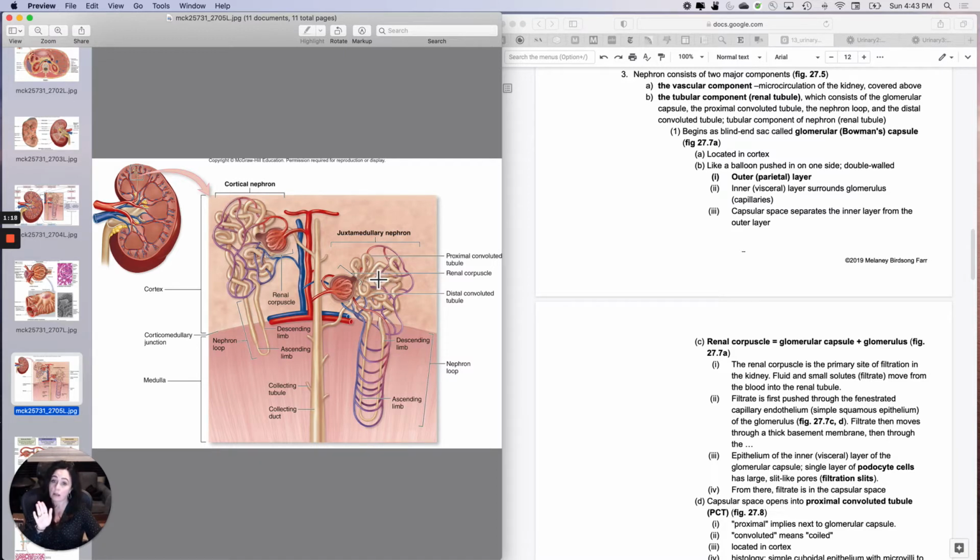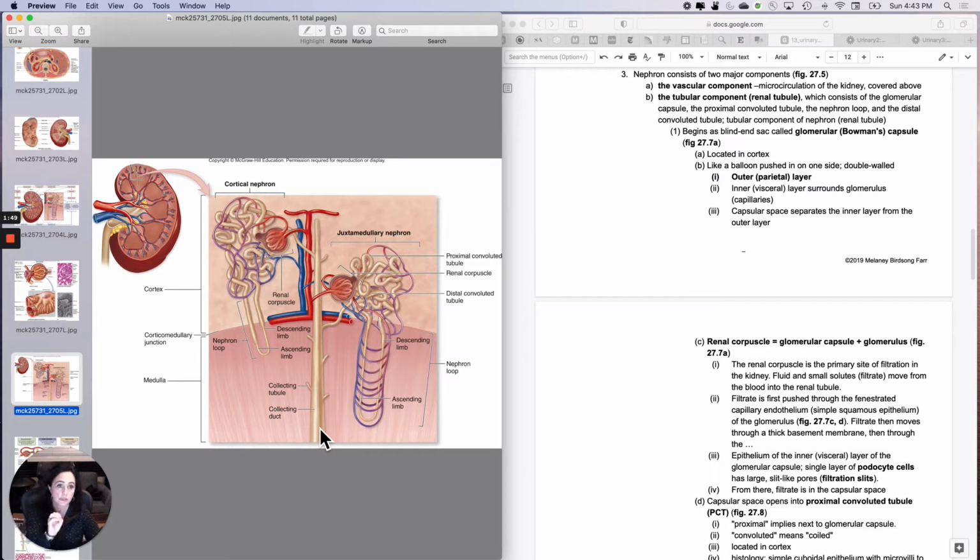If you follow it, it is going to lead to the nephron loop. And the nephron loop will lead back to the distal convoluted tubule. It's hard to tell proximal from distal unless you follow it here. The distal convoluted tubule will end up dumping into the collecting duct, and we'll come back to that in just a second. So let's go over each part in more detail.